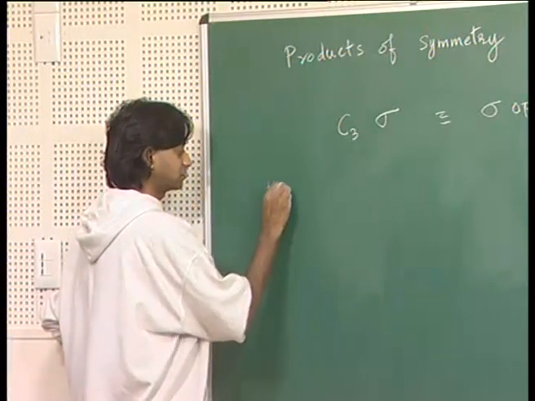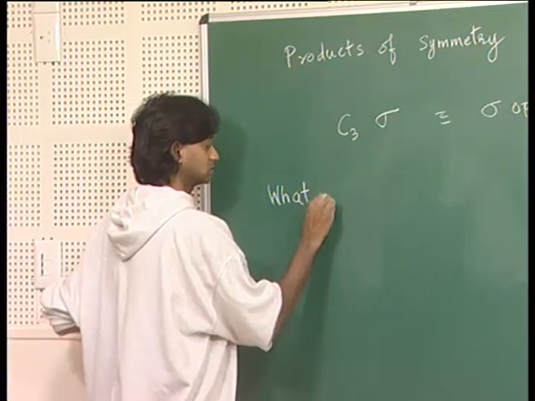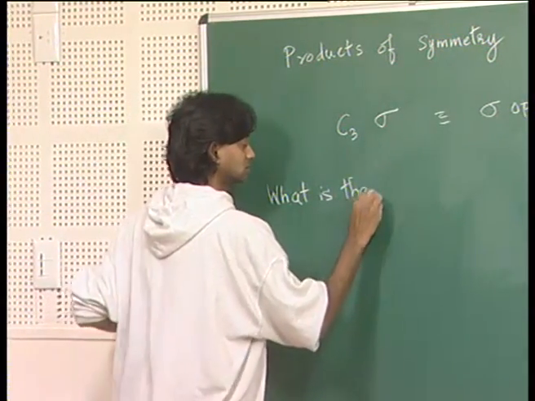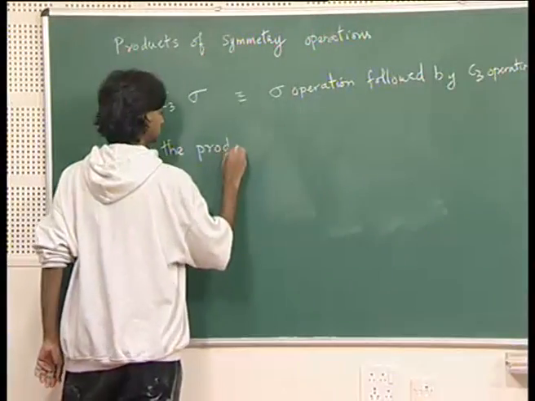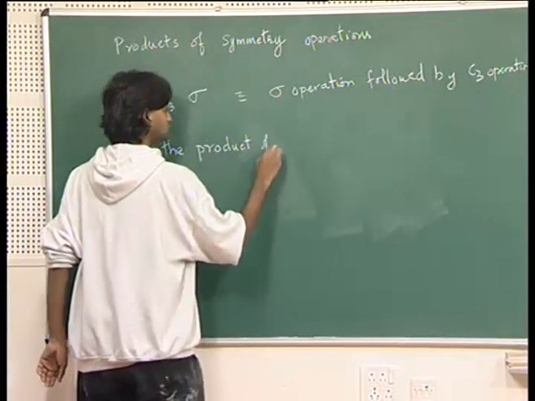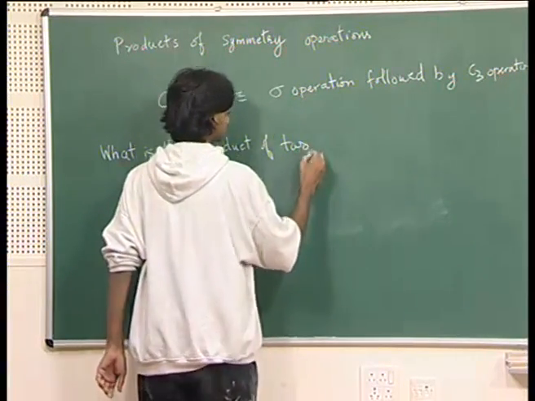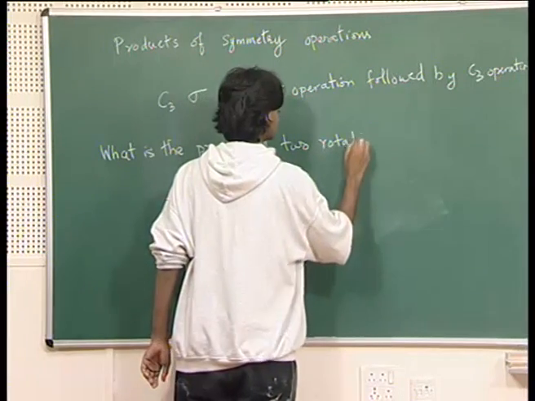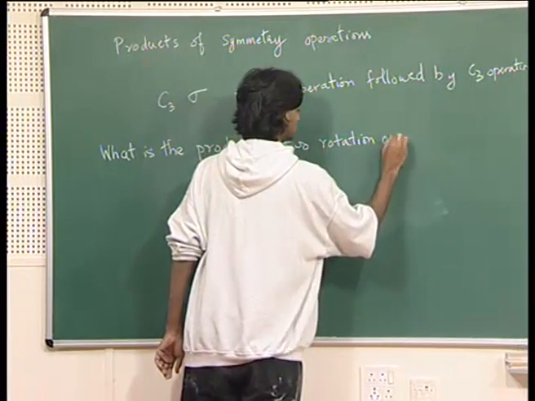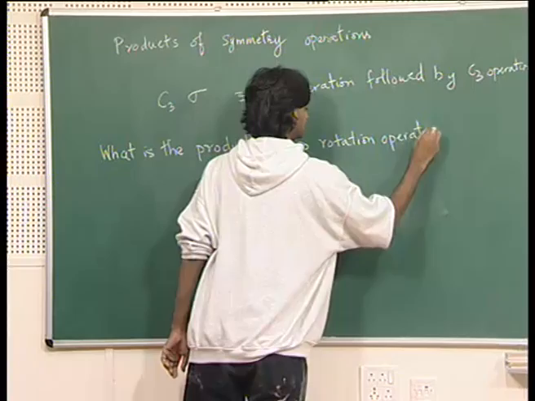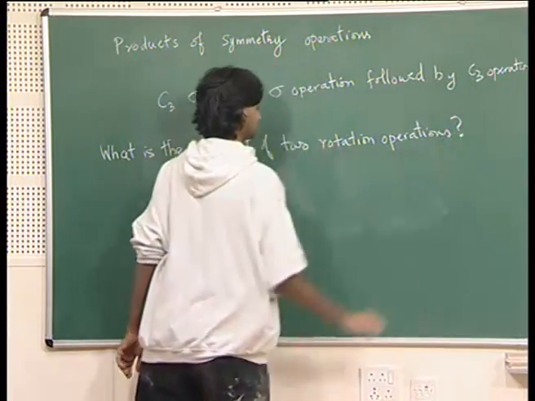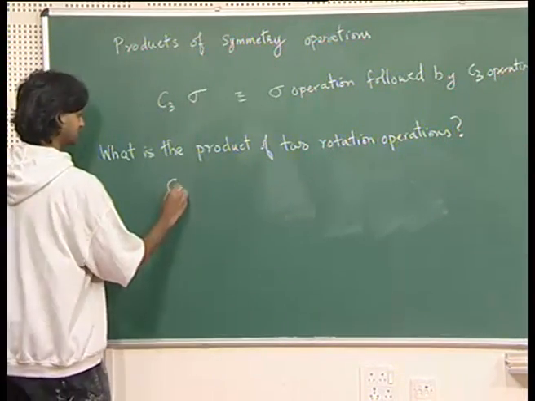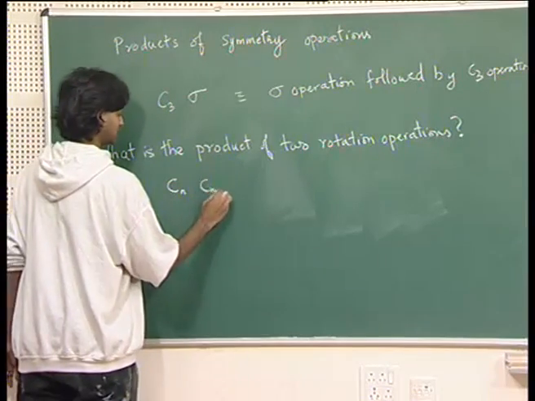What is the product of two rotation operations? Suppose I operate by Cn and then I operate by Cm.